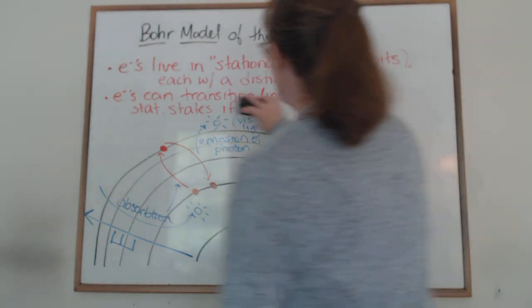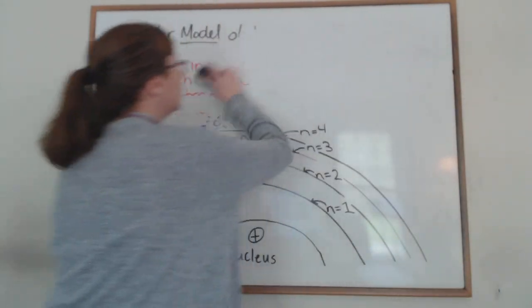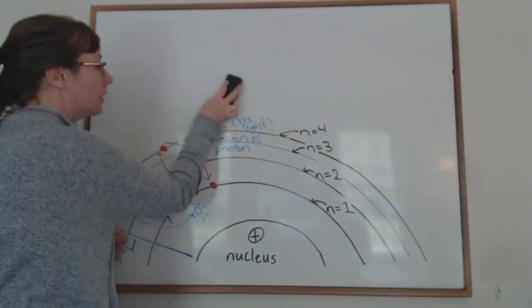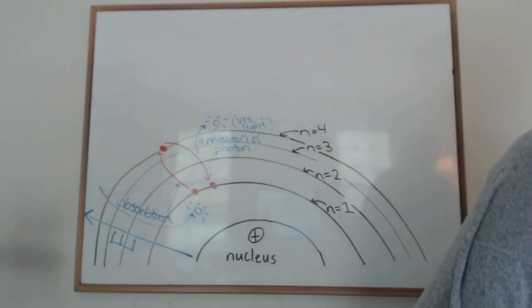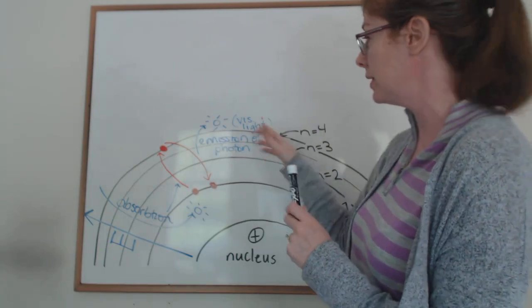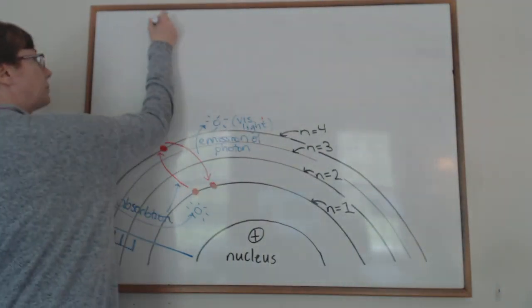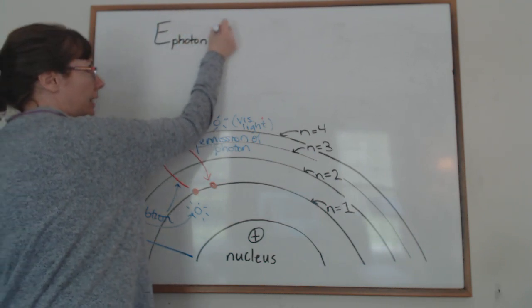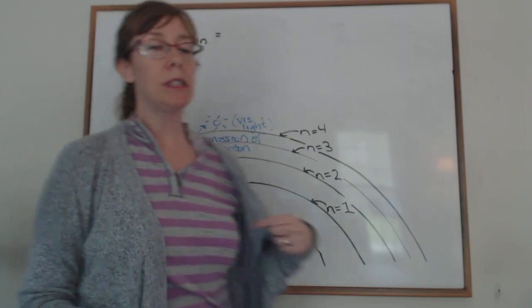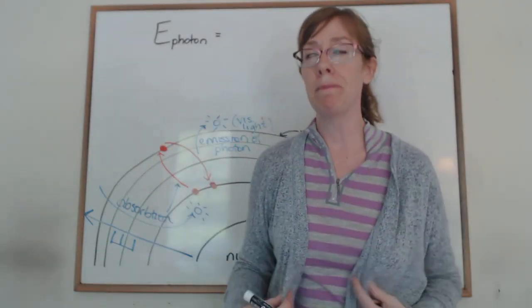I do want to give you one more equation that is used in conjunction with atomic spectroscopy and electron transitions. And that is this equation here. It's in your textbook. But the energy of the photon, I'm going to change it just slightly. I think yours says delta E, but I'm just going to go straight to thinking about just the photon.